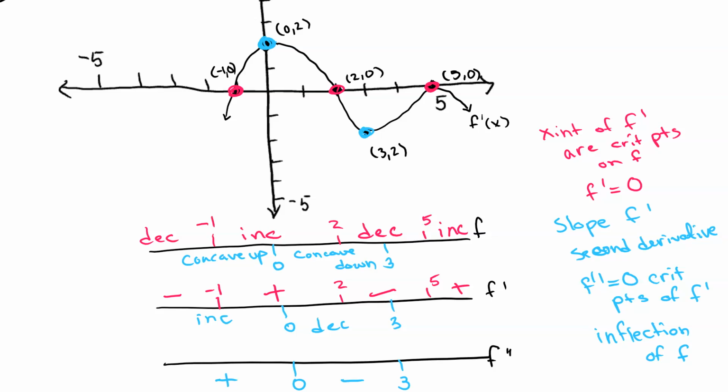I am increasing from 3 to 5, so that's concave up.